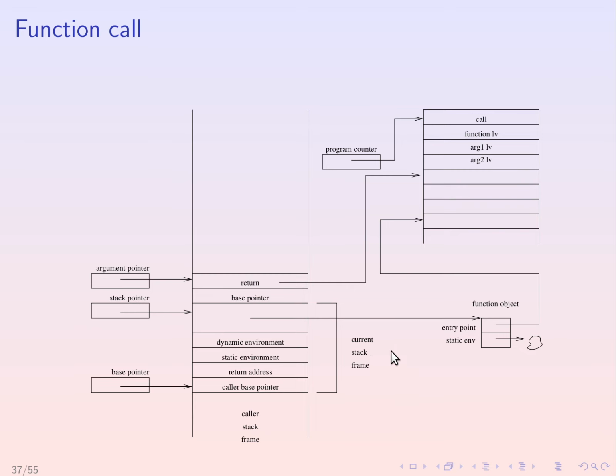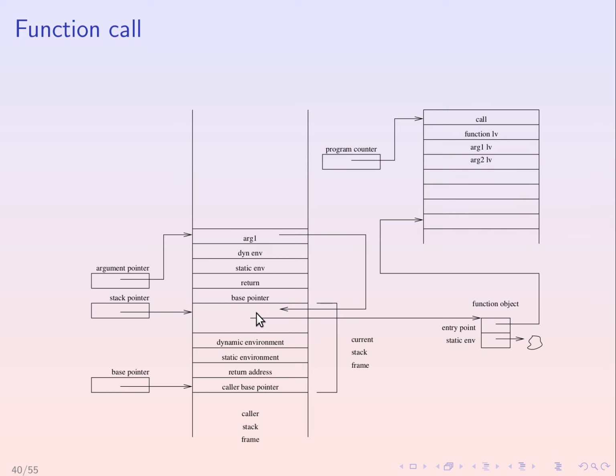The return address is the address of the instruction to be executed when the call returns. We push the static environment. The static environment is part of the function that we're going to call. Then we push the dynamic environment. The dynamic environment is stored in some kind of lexical variable in here.